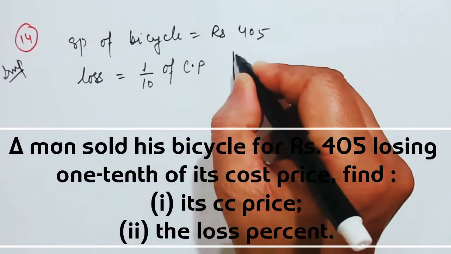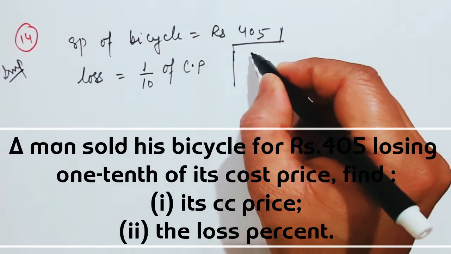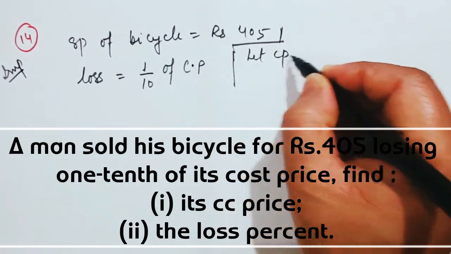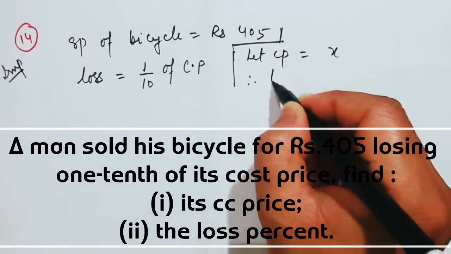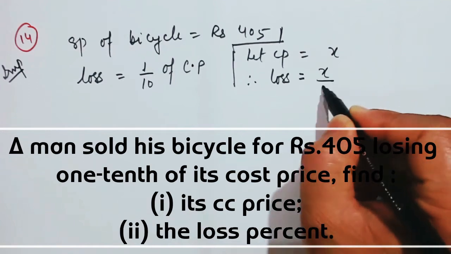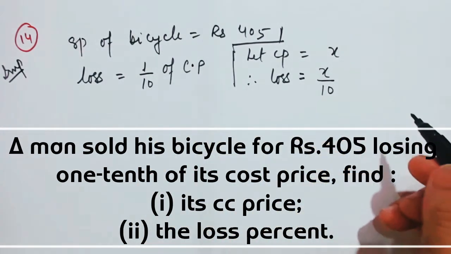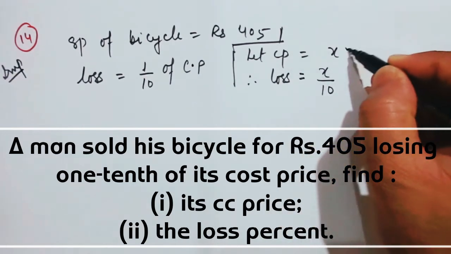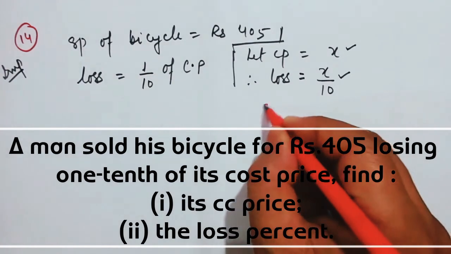So come on, let us start our drama, that let cost price is equal to X. Therefore loss will be equal to X by 10. 1/10 of cost price will be X by 10. So cost price is equal to X. Loss is given. Can't you find the selling price?